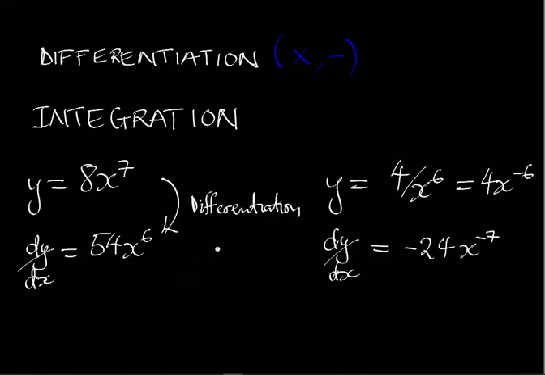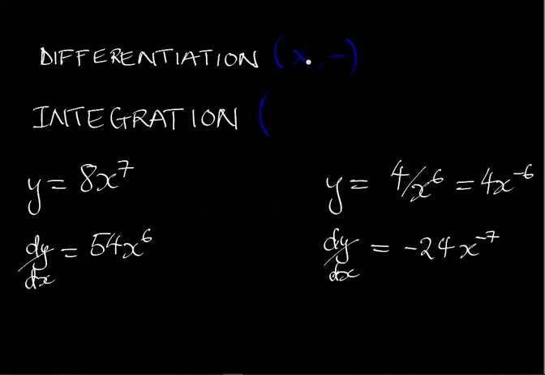Now, integration is actually the reverse process. So we want to come from this 56 and go back like that. This looks interesting. Remember, I highlighted something that was kind of looking not so important. Here it is.